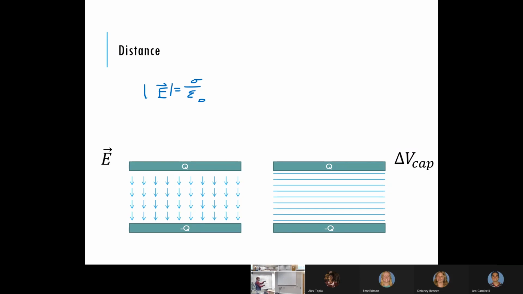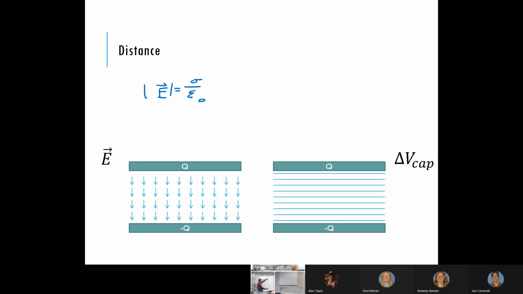What can you tell me about the spacing of the equipotential lines if the electric field is constant? The lines stay constantly spaced. So the equipotentials are equally spaced, but now I've stretched the distance between the plates.